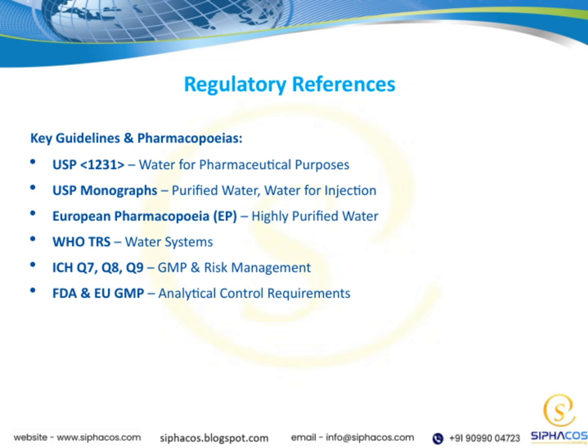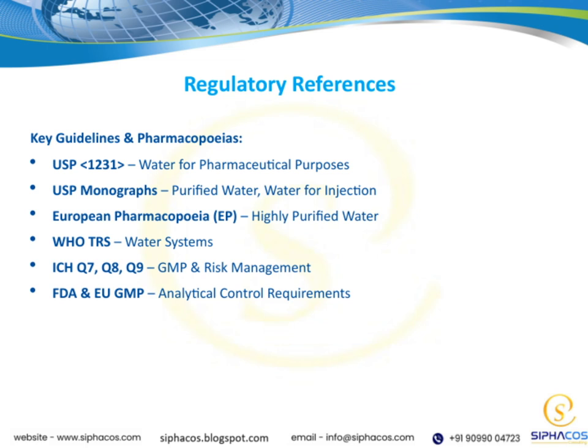for sensitive applications. The WHO Technical Report Series, or TRS, offers comprehensive guidelines on water systems, helping ensure safe and reliable water infrastructure worldwide. Additionally, the ICH guidelines, Q7, Q8, and Q9, focus on good manufacturing practices, risk management, and quality assurance, which are essential for maintaining high standards throughout the manufacturing process.